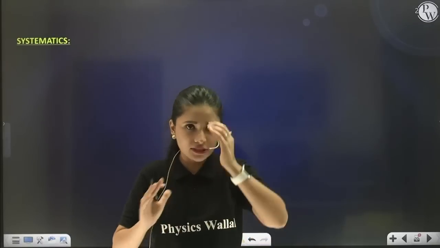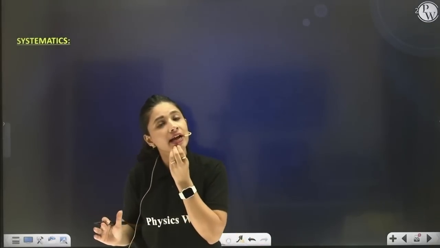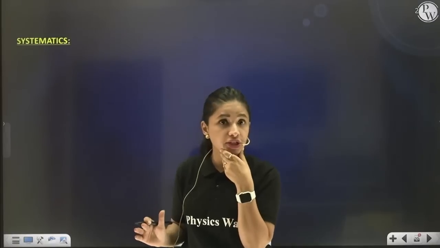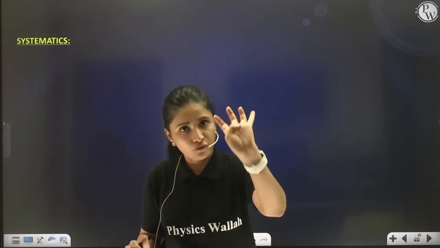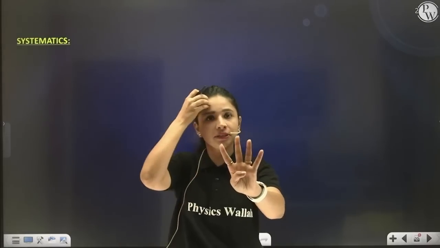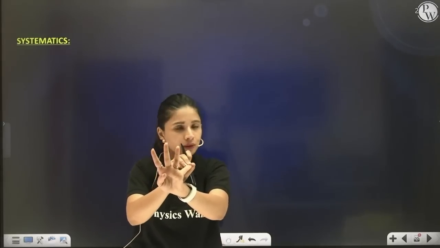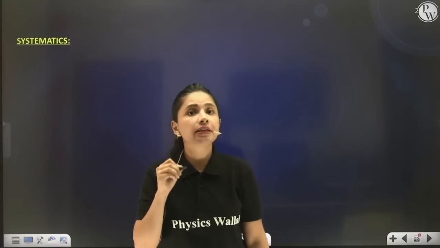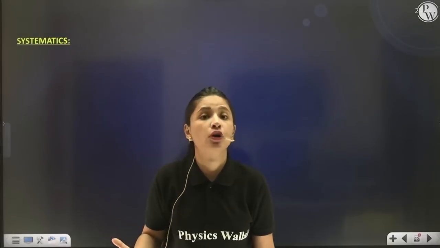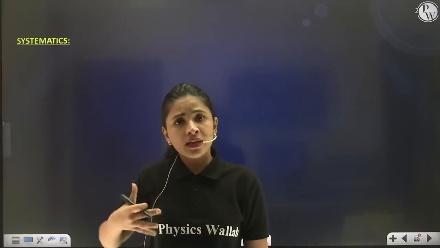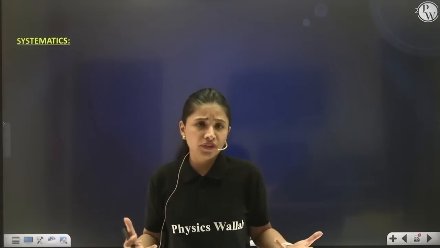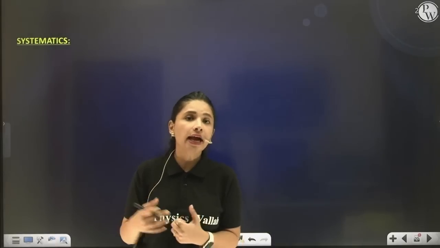Now, coming back to taxonomy. What is taxonomy? Taxonomy is the branch of science which deals with the principles and procedures of classification. There are four bases: characterization, identification, classification, and nomenclature. Bachcho, when Linnaeus started his work on taxonomy, his classification or identification work, that was a very old time. At that time, there were no such advanced technologies.